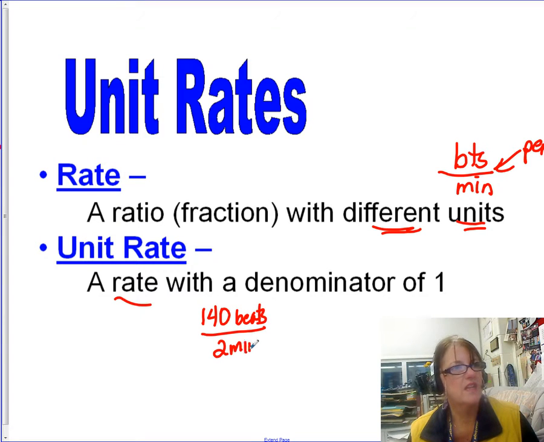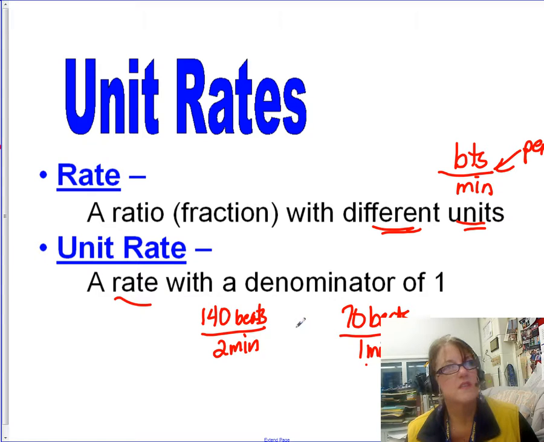This is a rate because I have different units, heartbeats and minutes. A unit rate means basically divide these out, 70 beats per 1 minute. See, I simplified: 140 divided by 2 gives me 70 over 1, beats per minute.